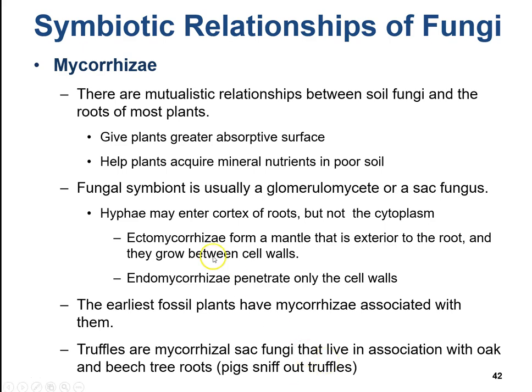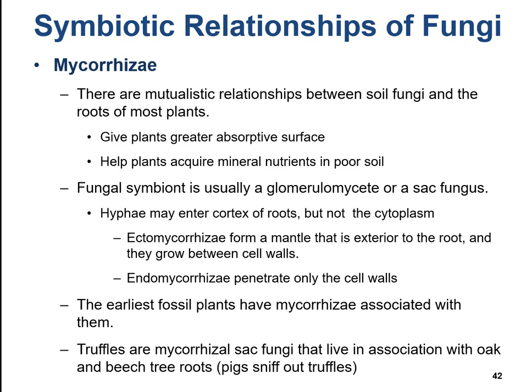Yeah, so actually, those AM fungi, like we said, are a separate group that are particularly involved in these symbiotic relationships. There are other examples of other types of fungi that can form these types of relationships as well. Truffles live in association with oak and beech tree roots. If you're looking for truffles, pigs will sniff them out.